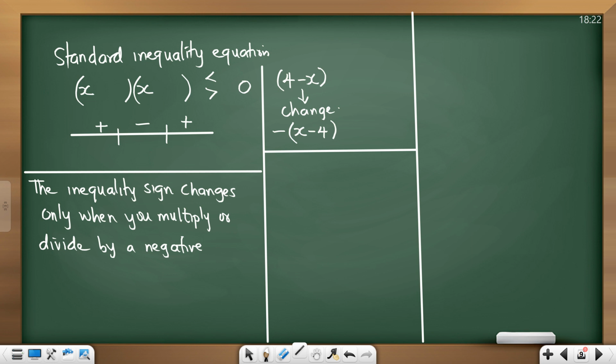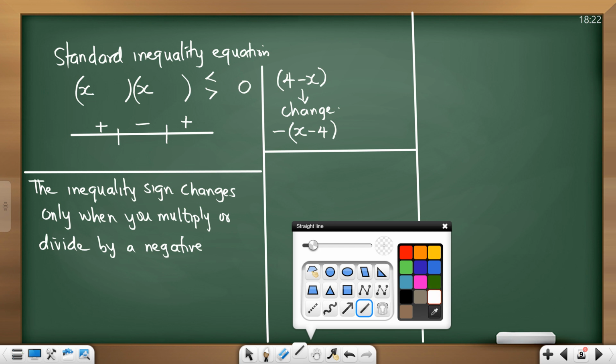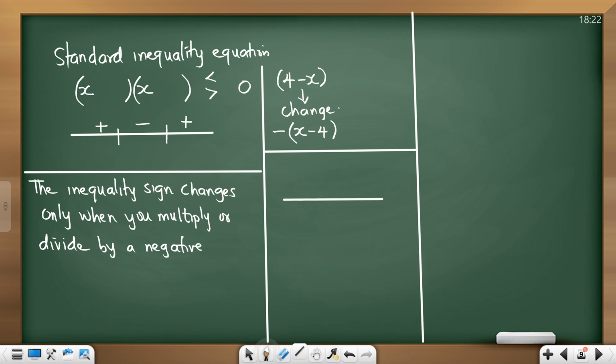Number 4. I have 2 more to tell you. Okay, let's do this. I'll do that as number 5. If I have a number line, remember what I said, that once you write it as standard, this should be positive, negative, and positive. Those are critical values. Let's call this critical value 1 and critical value 2.